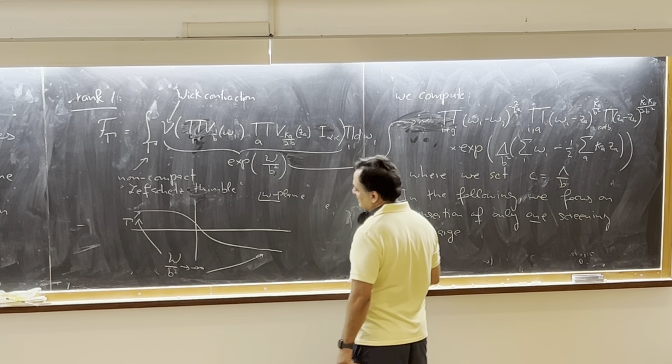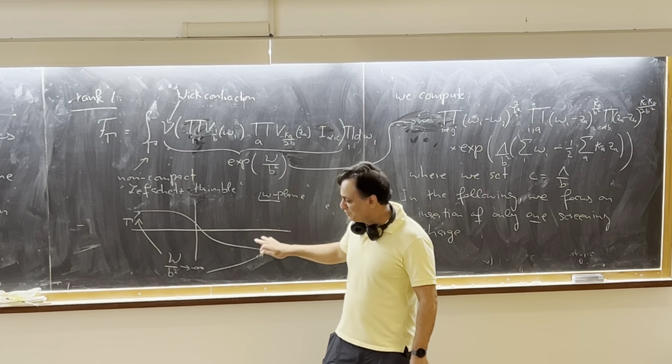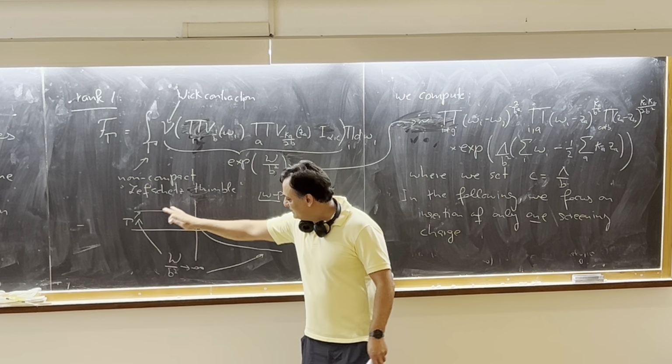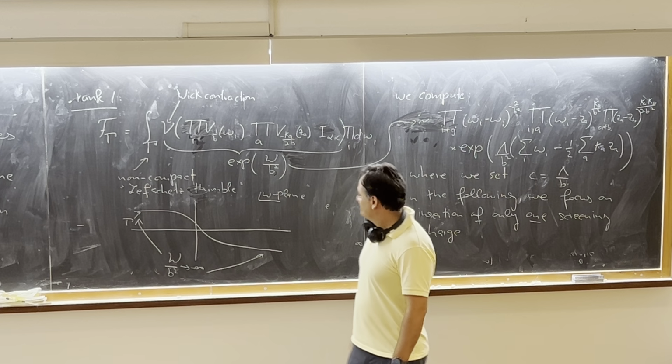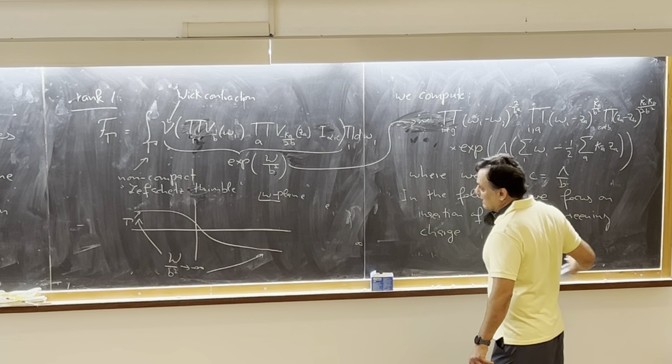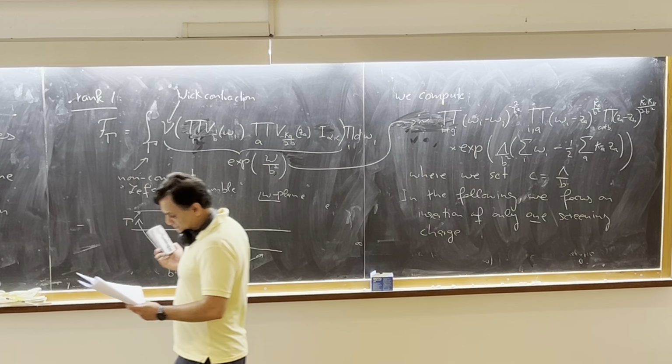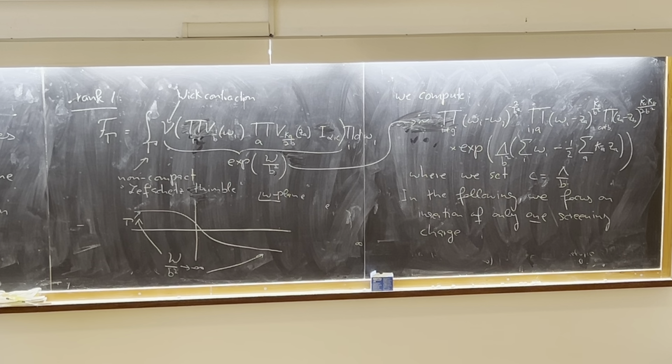So then the Lefschetz thimble will be really of this form for one screening charge, which is 1 over b. And now I can also do this case of higher rank. Let me do it here.